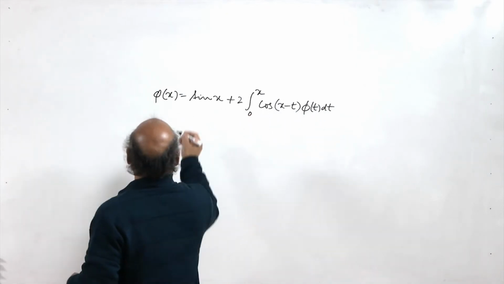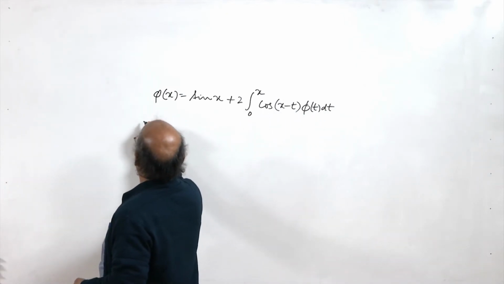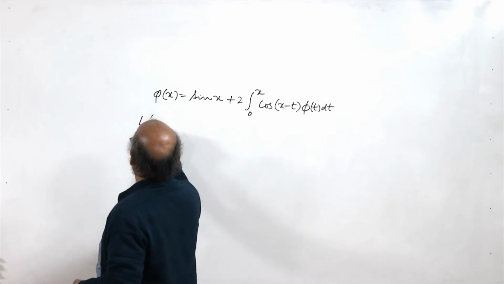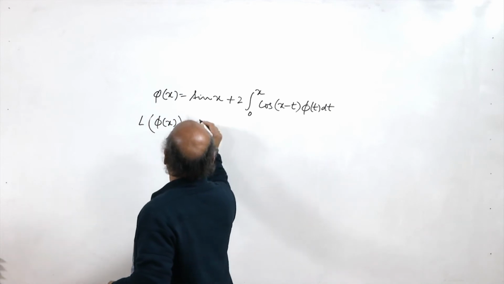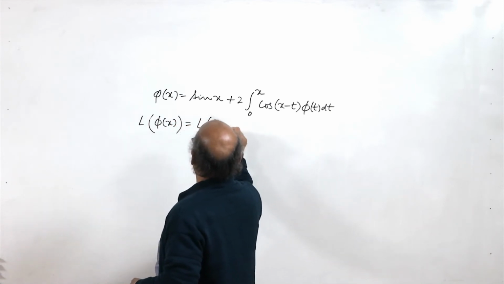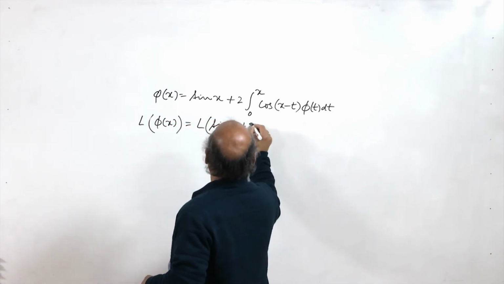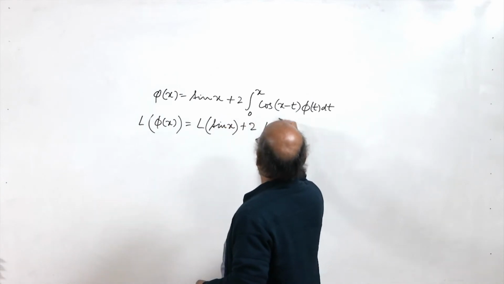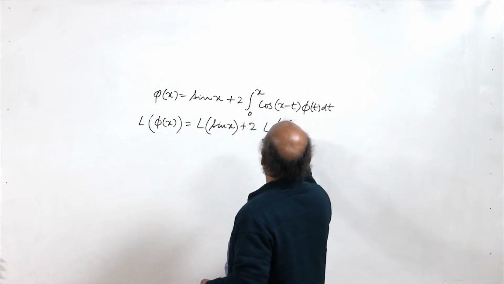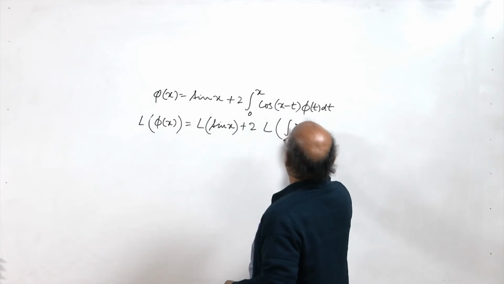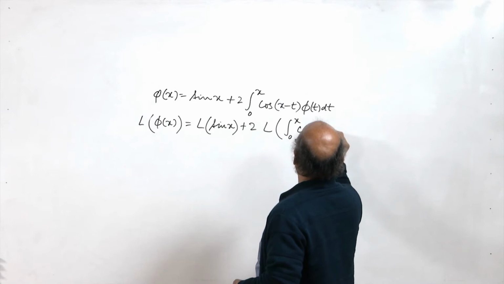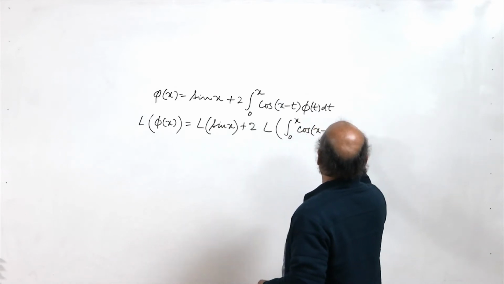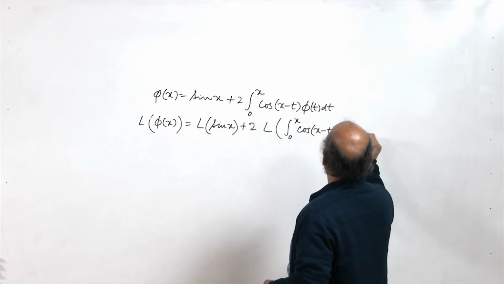So let us take the Laplace transform of both sides. We will get the Laplace transform of phi(x) equal to the Laplace transform of sin x plus 2 times the Laplace transform of this convolution of cos x and phi(x), that is integral 0 to x cos(x minus t) phi(t) dt.